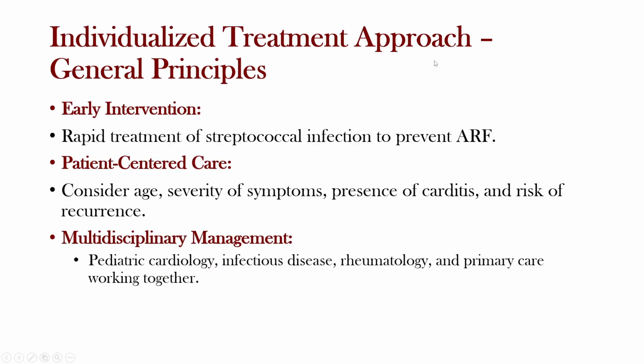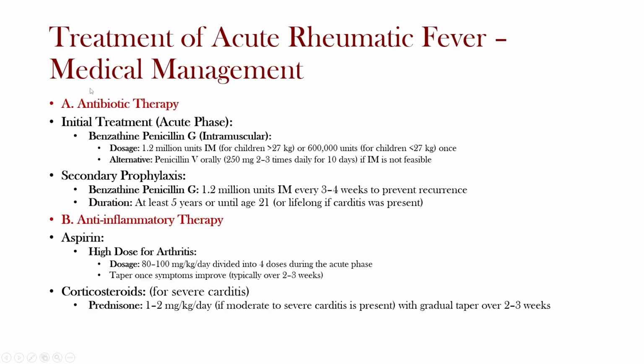So we'll do a treatment approach for each patient. First of all, we will do a rapid treatment for the streptococcal infection if it's still present. Then we'll consider the age, severity of symptoms, and the presence of complications to make adequate treatment. For the streptococcal infection, we will give benzathine penicillin.